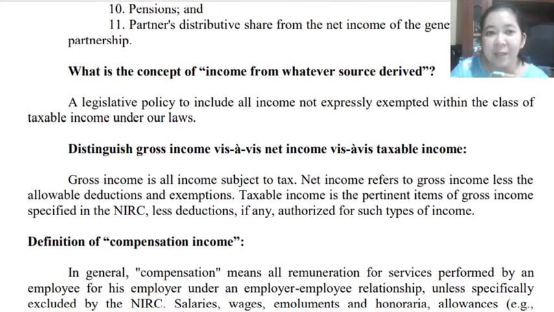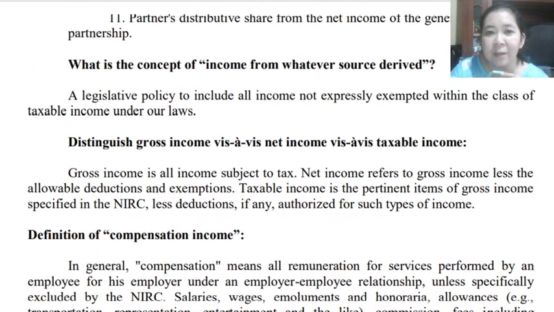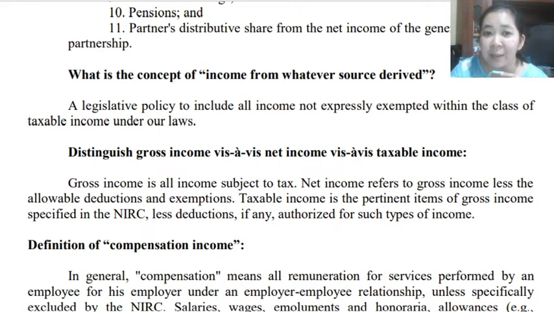So distinguish gross income from net income and taxable income. When we say gross income, this is the total or all of your income. Net income is gross income minus your business expenses, in the income statement.